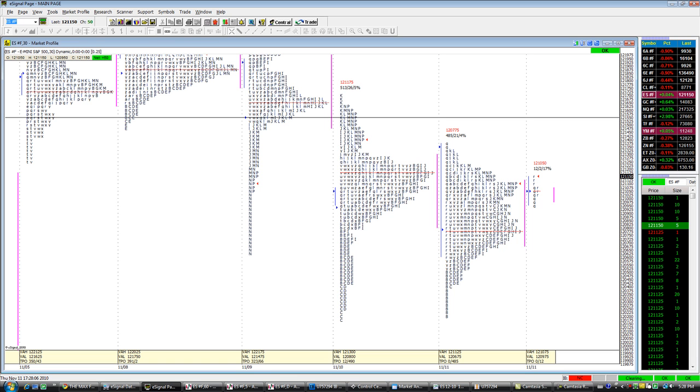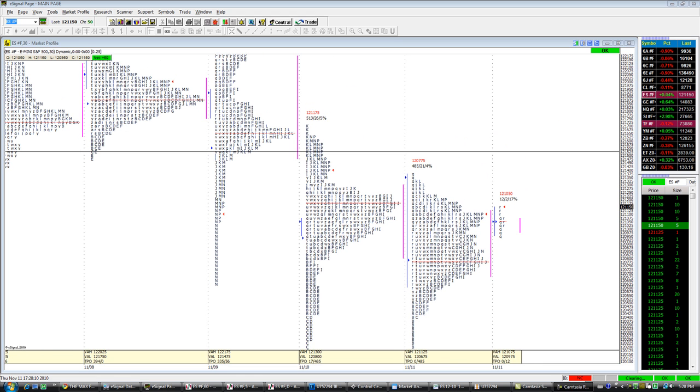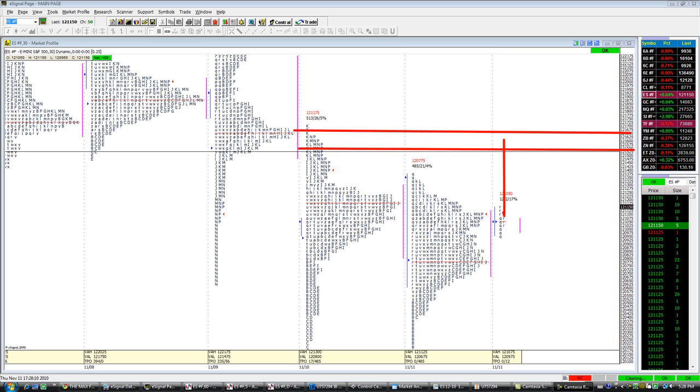So let's just go over this trade and how I might plan and take it. If we start to see this market rally all the way up to the 1216 area, which I will highlight over here, you could take a short at around this price, let's say the 1216, with a stop at around 1220 and a half, which is right above the high volume node and this day's close, the November 8th close.